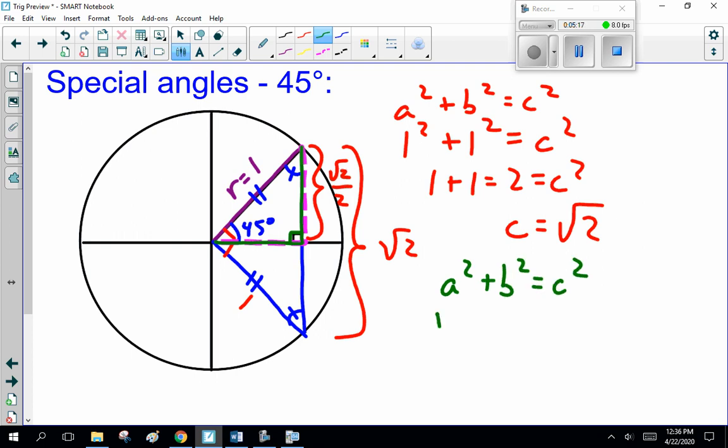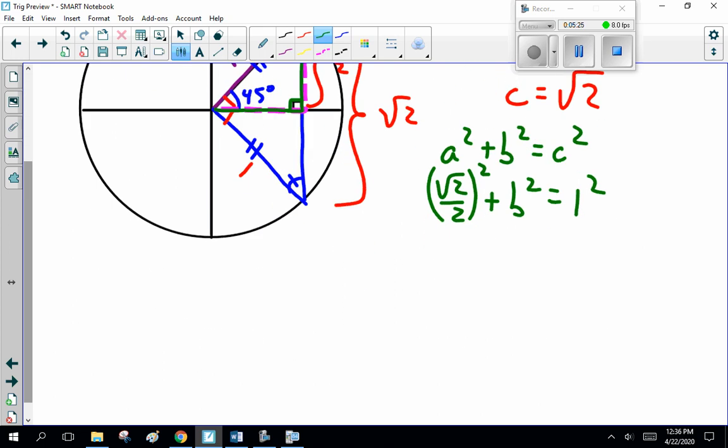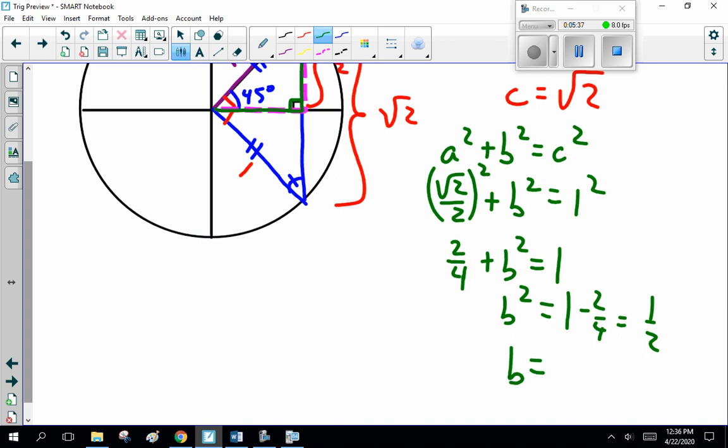So root 2 over 2 squared is 2 over 4, plus b squared equals 1. b squared equals 1 minus 2 over 4, which is a half. b is the square root of 1/2.